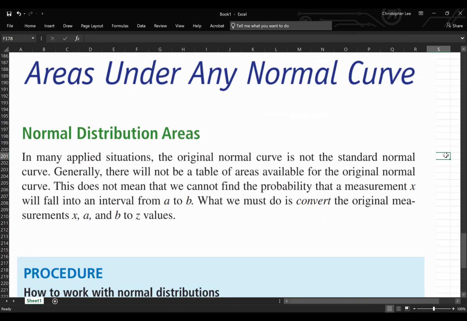Look, areas under any normal curve. Normal distribution areas. In many applied situations, the original normal curve is not the standard normal curve. Generally, there will not be a table of areas available for the original normal curve. This does not mean that we cannot find a probability that a measurement X will fall into an interval from A to B. What we must do is convert the original measurements X, A, and B to Z values, which we know how to do already.